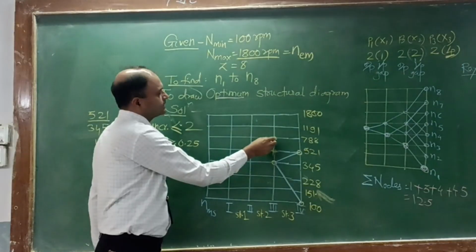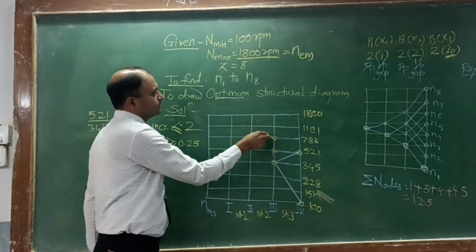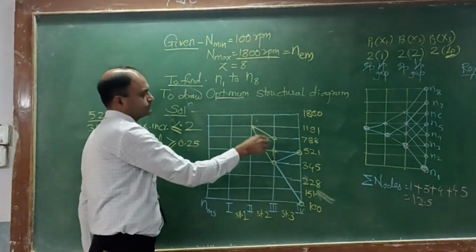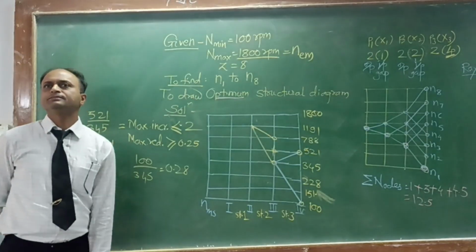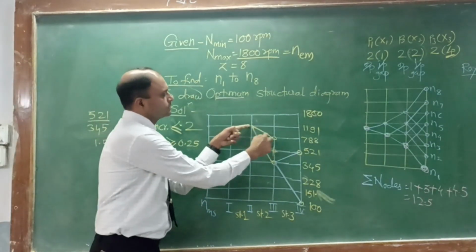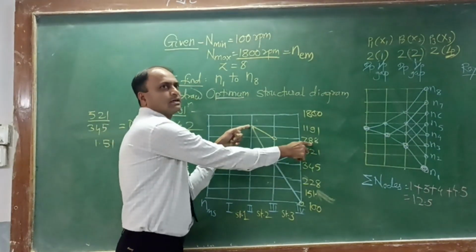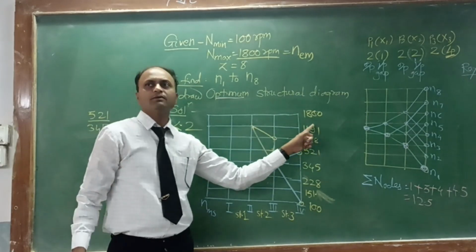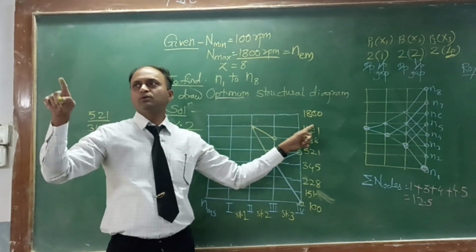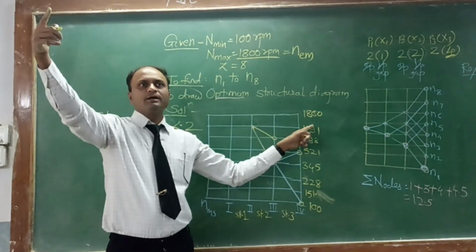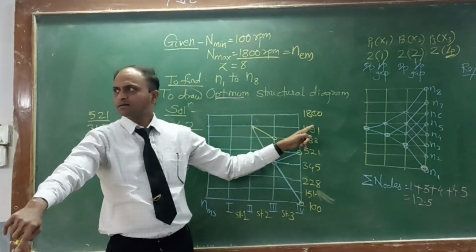And can I connect it somewhere here or here? If I connect it like this, just check. 1191, 788 reduction. While calculating reduction we have to take the smaller value at the numerator, larger value at the denominator.